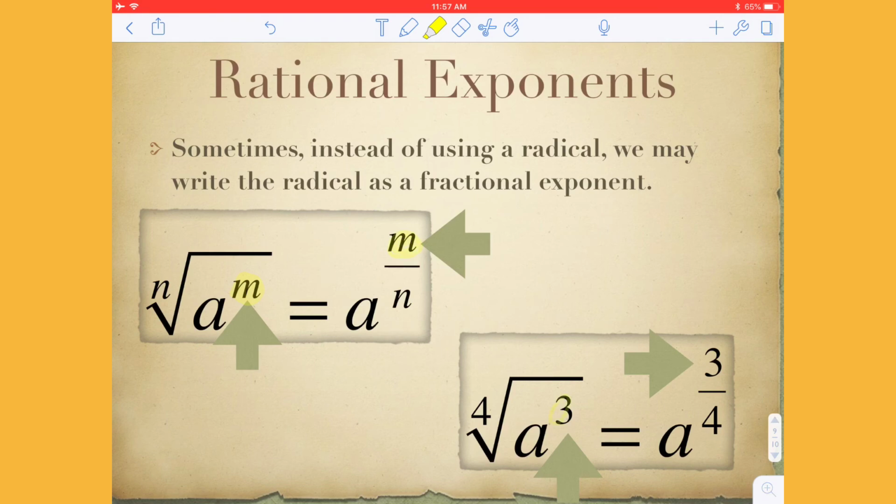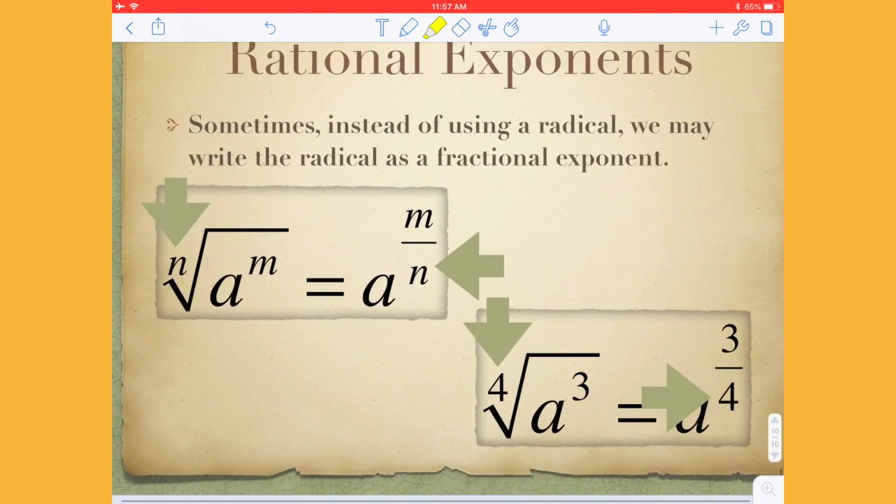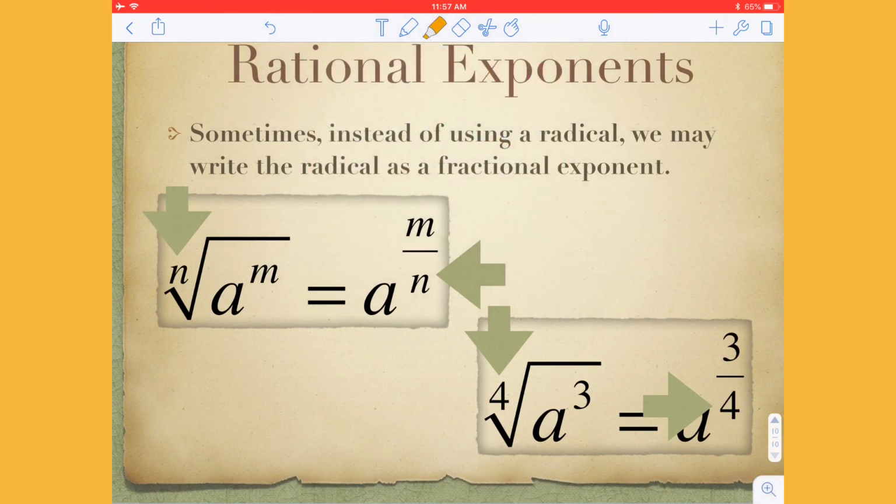So again, looking at a numerical example, this 3 is on the radicand on the inside, and I'm going to put that in the numerator when I write it in its exponent form. Whereas I'm going to take the index value that I have and write that as the denominator value. So again, with numbers, my index value is actually my denominator value in exponent form.